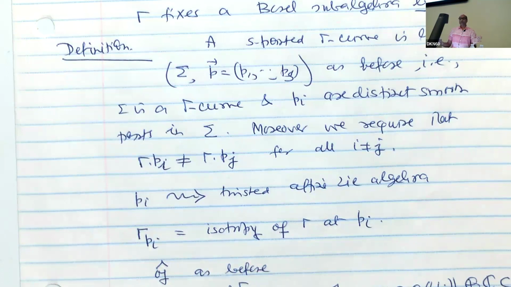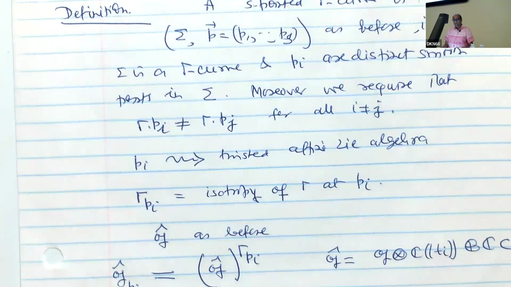And I am not assuming that the action is of any particular type. So let's take the isotropy of gamma at the point Pi, and let's just call it gamma sub Pi. Okay. So let's take G hat, the affine Lie algebra as before. But now I'm going to take G hat, the corresponding twisted affine Lie algebra, G hat fixed under gamma Pi. So this is what is called the twisted affine Lie algebra.